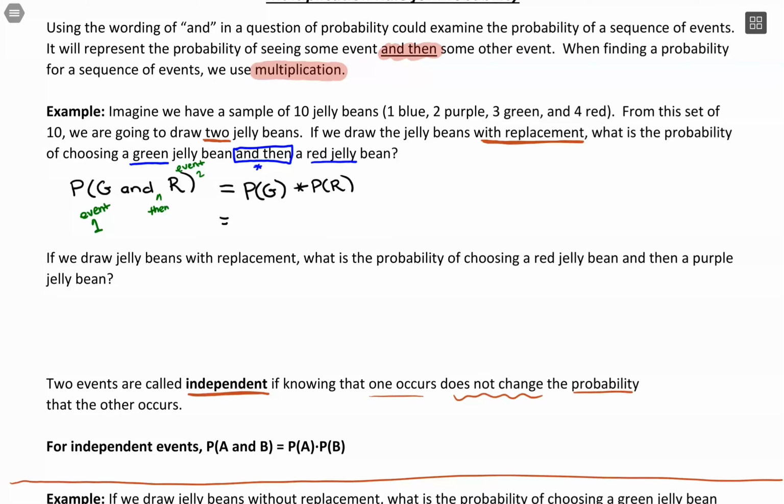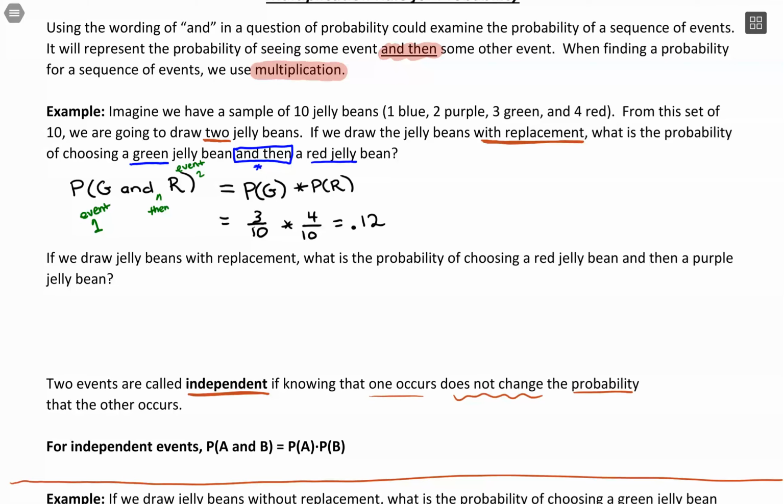So this calculation here, we'll take that probability of green, which is our first event, 3 out of 10, times the probability of choosing a red jelly bean, so our second event, which is 4 out of 10. And just plug that in a calculator for a 0.12.